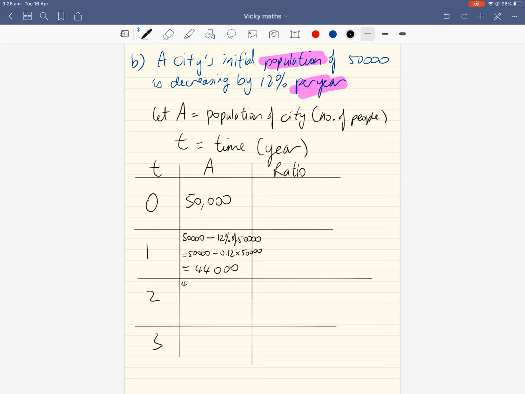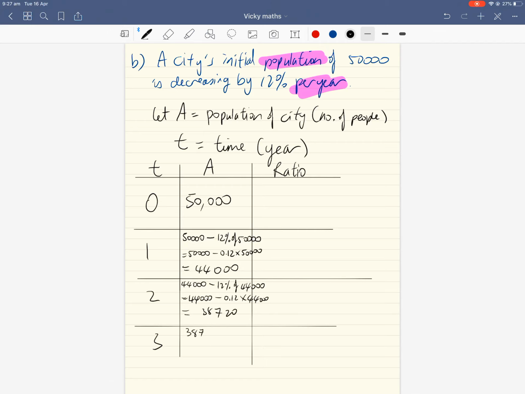Let's see how much we have left in terms of people in the city. So the amount we have left is 44,000 minus 12% of the amount we had last year, which is 44,000. So using a calculator, that's 0.12 lots of 44,000. We get 38720.